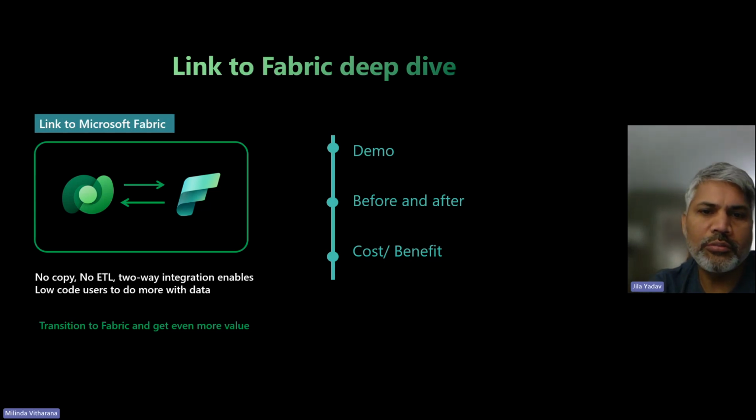We'll also go over the before and after picture, like how your architecture was before, and if you enable Fabric Link, how you can take advantage of a simpler architecture. And then we'll talk about some of the cost benefit it can bring to the table. So let's go through the demo. We have a recorded demo. So let's go to the next slide and play that video, and then we'll talk through the other points.